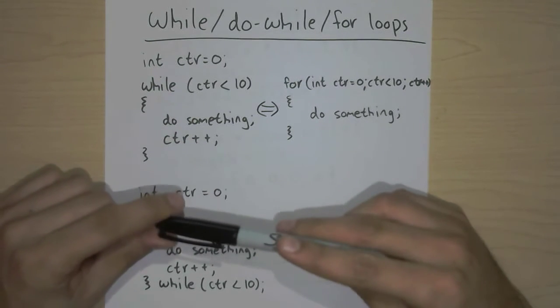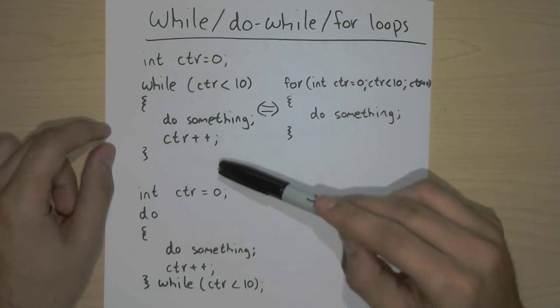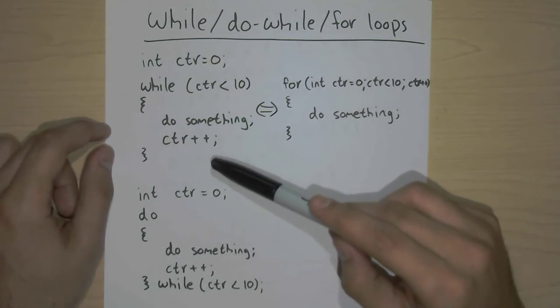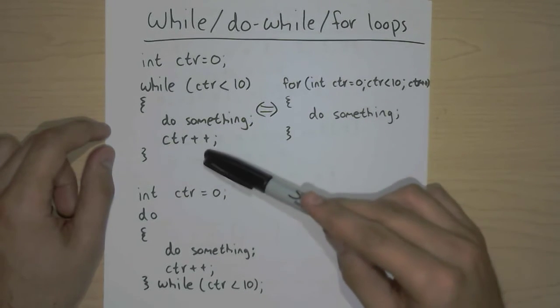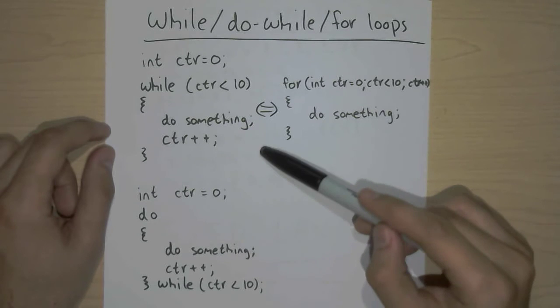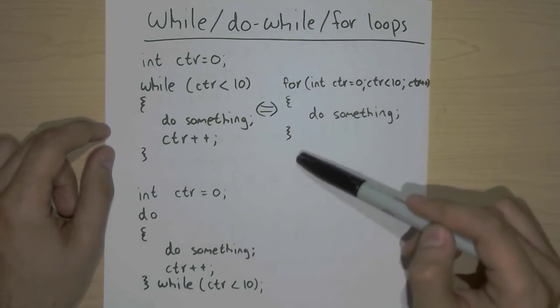Now, if you come from Python, you might not know what this plus plus means. You probably do recognize if I've written counter plus equals 1, which just says take counter's value and add 1 to it. That's a shortcut for even writing counter equals counter plus 1.